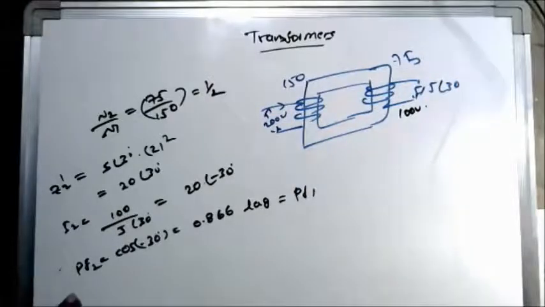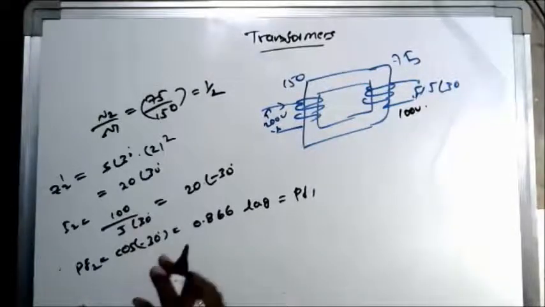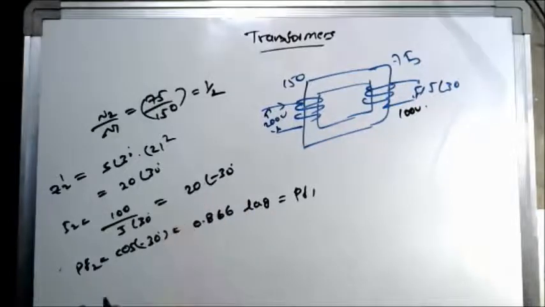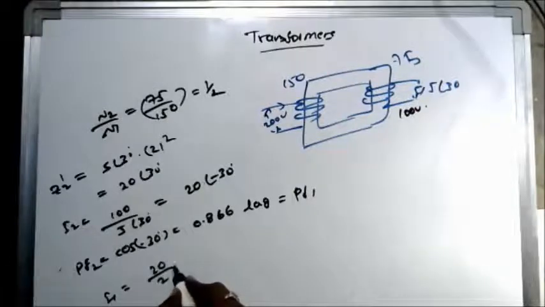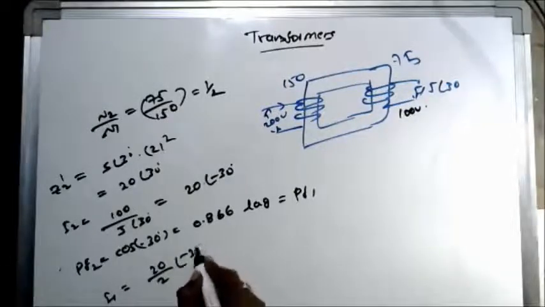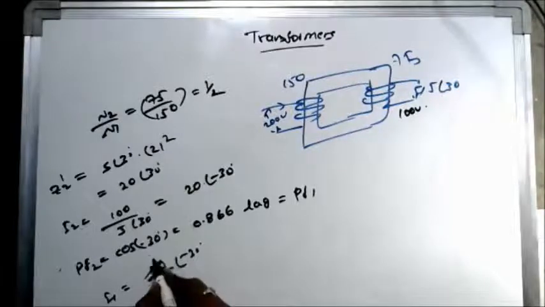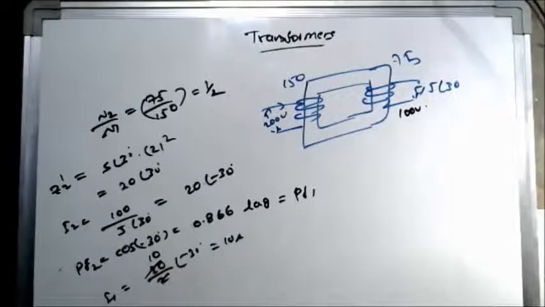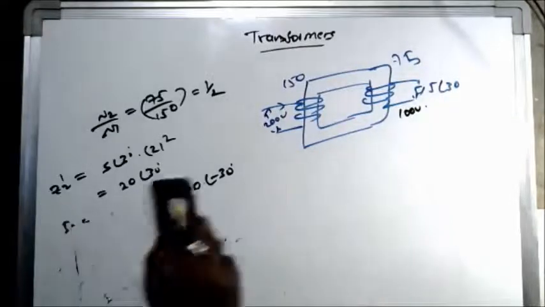Now referring the secondary current to the primary, I1 is equal to 20 divided by 2 at an angle of minus 30 degrees, that is 10 amps. The primary power and secondary power are the same. So this is all about the impedance referring of the second problem. Thanks for listening.